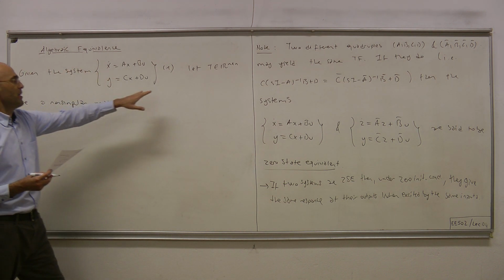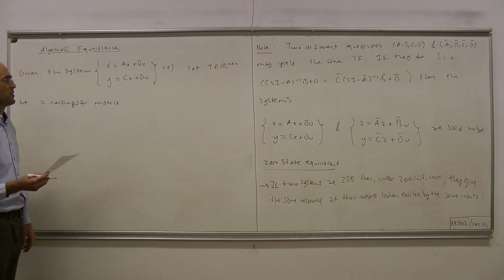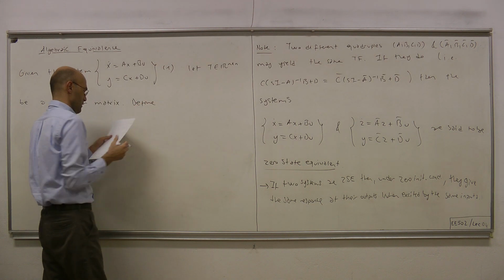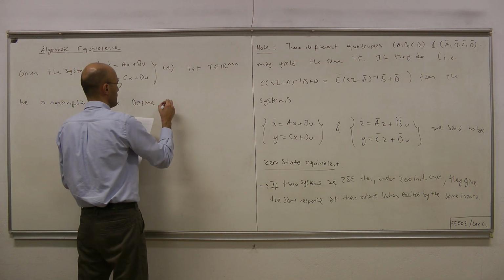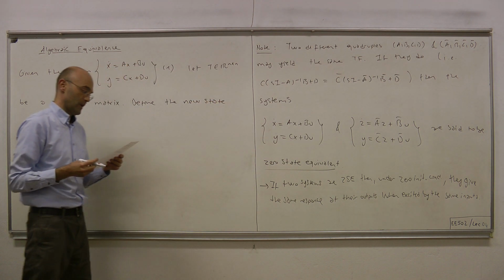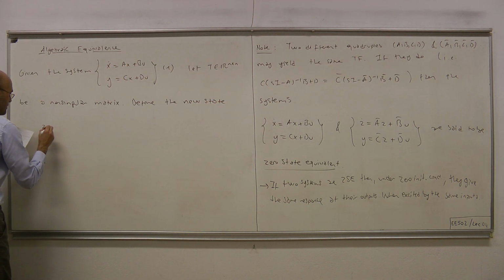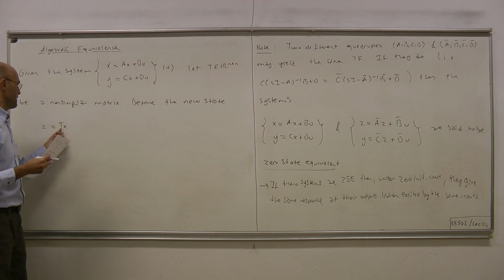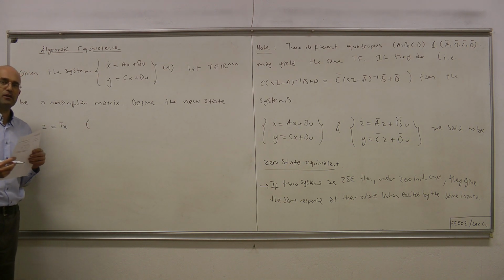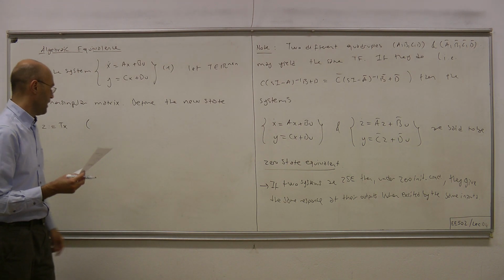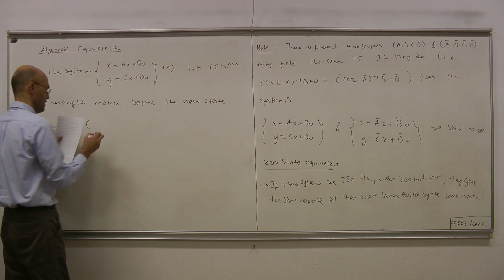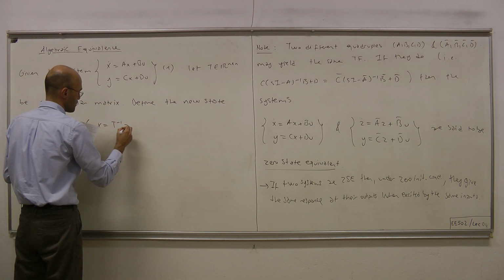Now, for this system and this transformation matrix T, define a new variable, we're going to call it the new state, Z, which is T times x. Since T is non-singular, it has an inverse. Hence, if you know Z, you can figure out what x is: x equals T inverse times Z.